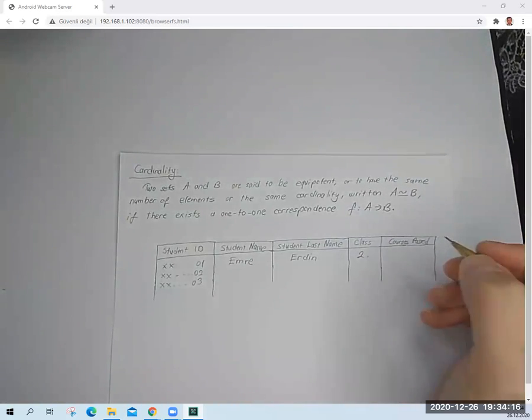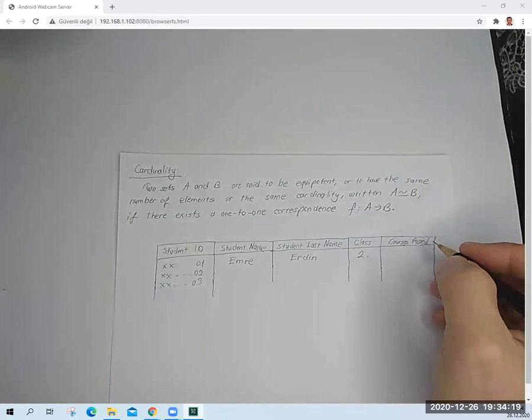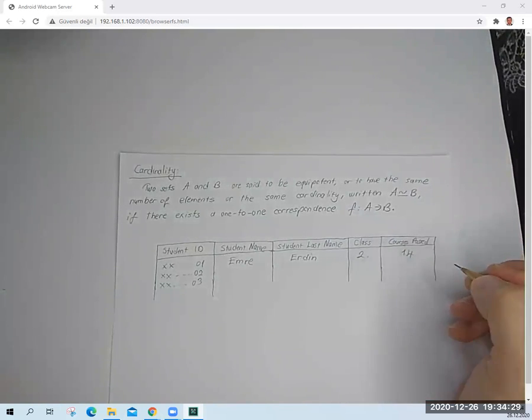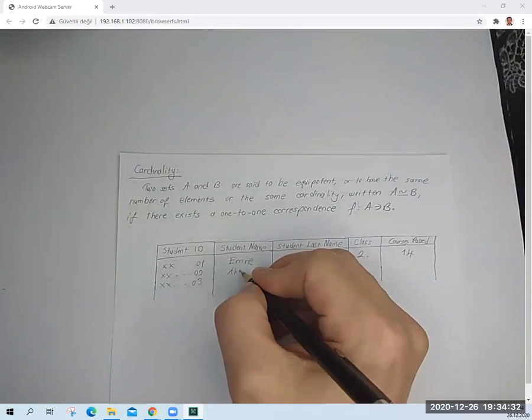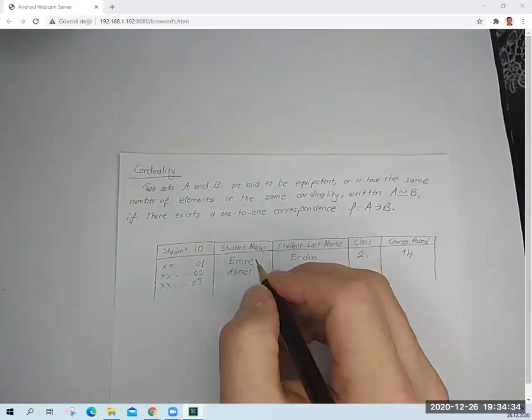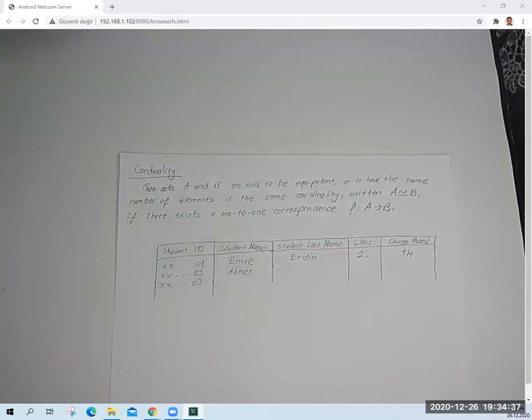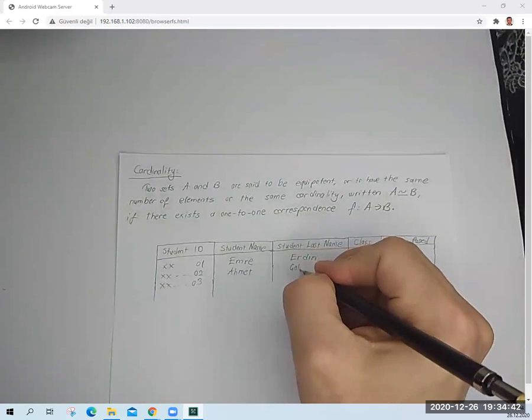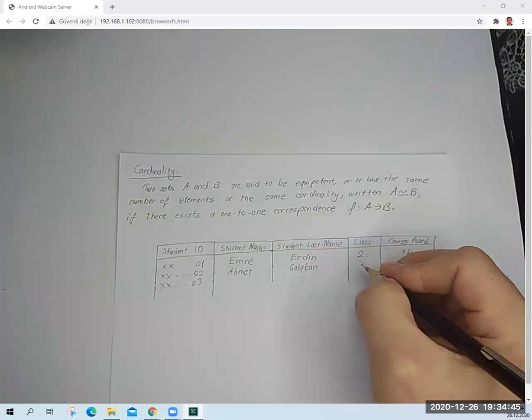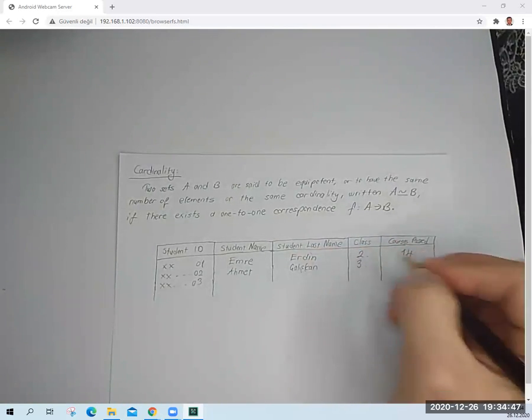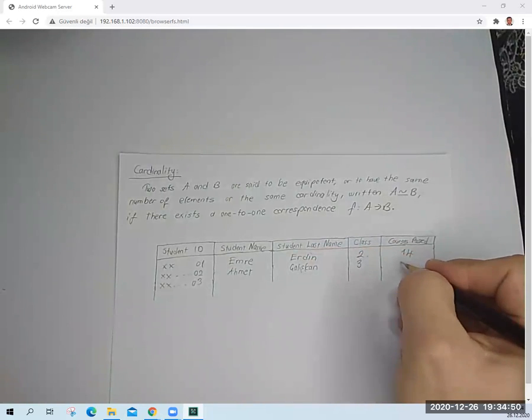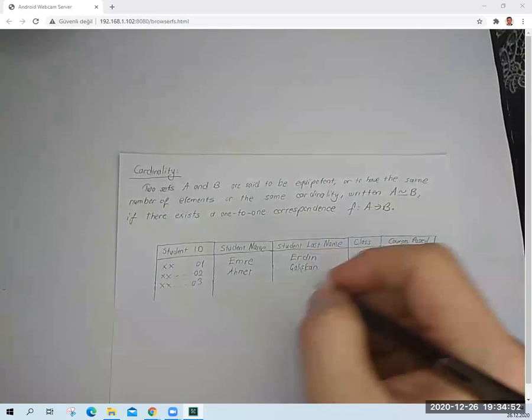For example, courses passed, like 7, 7, 14, maybe. Okay, there is Ahmed. Is there an Ahmed here? No. Okay, there is no Ahmed. Okay, last name. And okay, he is third year. Maybe he passed like 17 courses.